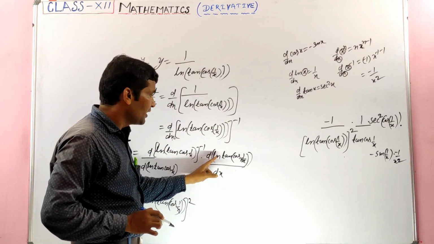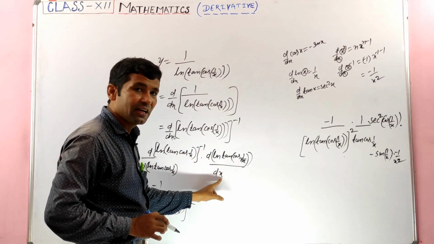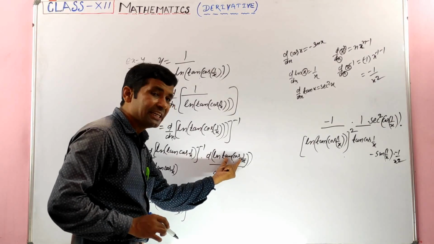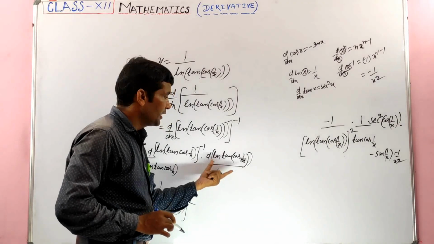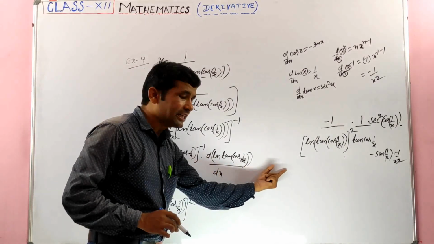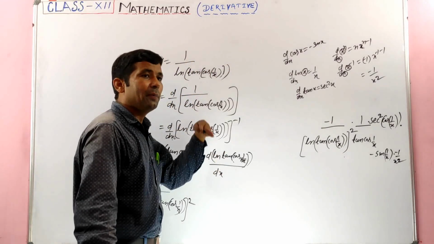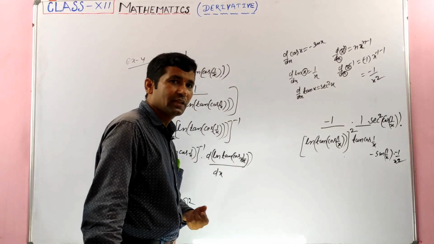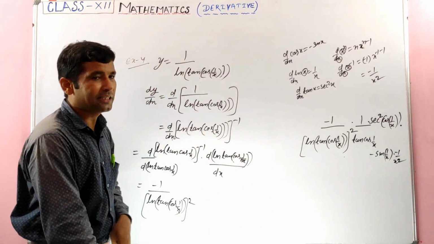Now see here d of ln something, but ln something is not here. Here there is only the independent variable x. That x is not exactly inside ln. So you have to adjust again. If you can adjust it directly in this step, as in example 3, it is better. If you have not adjusted it or are confused, then to clear the confusion, you can write step by step.